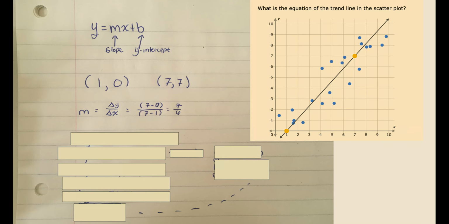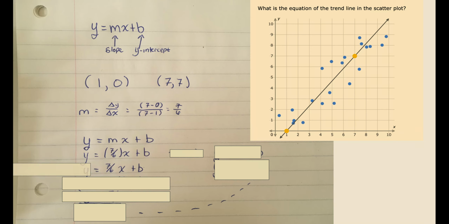Once you have your slope, you can go back to your slope-intercept form, y equals mx plus b, and substitute it in for the slope. Now we need to figure out the value of b, which is our y-intercept. To do that, you take one of the 2 points and substitute it in for the x and the y.